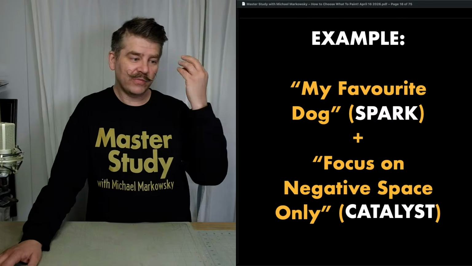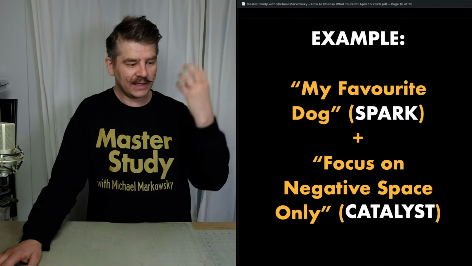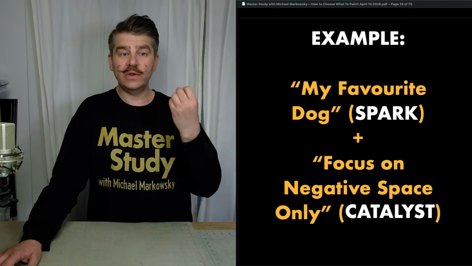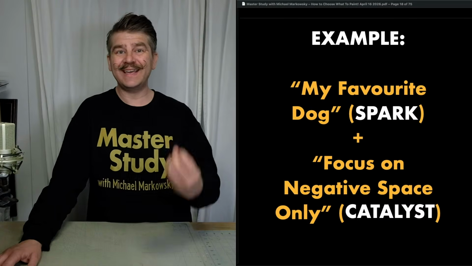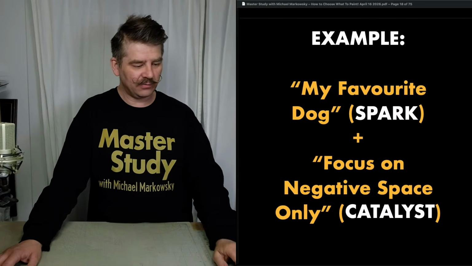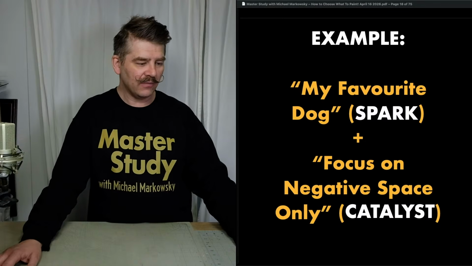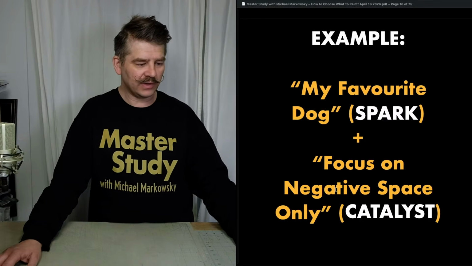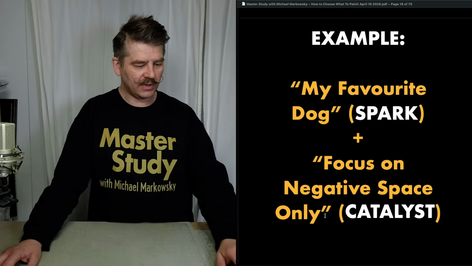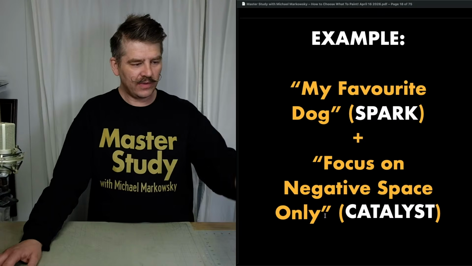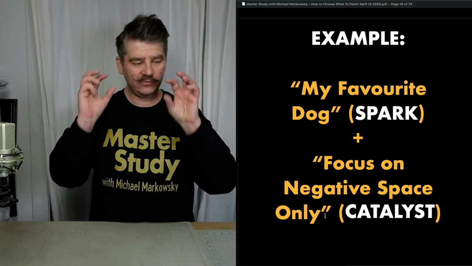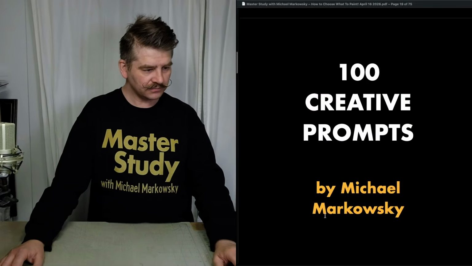Wherever it comes from, that's our spark. And then the catalyst is something we're going to use to test, to activate that spark. And this is just an example here. Focus on negative space, as we'll talk about here. But that's the main idea. Spark plus fuel, let's go.